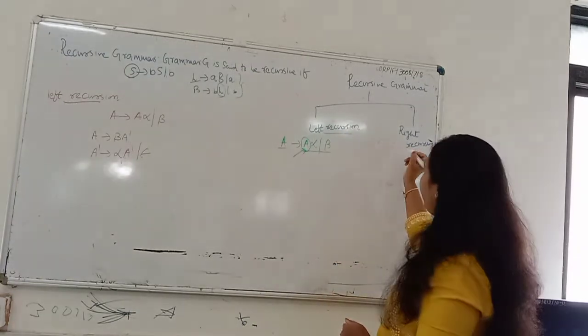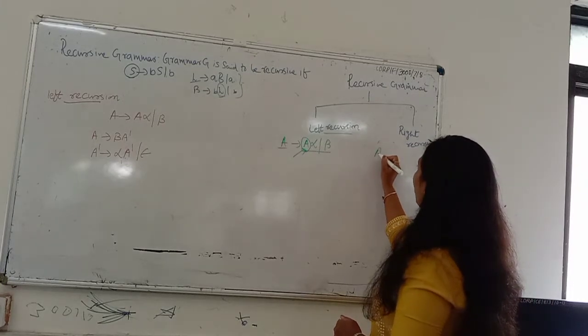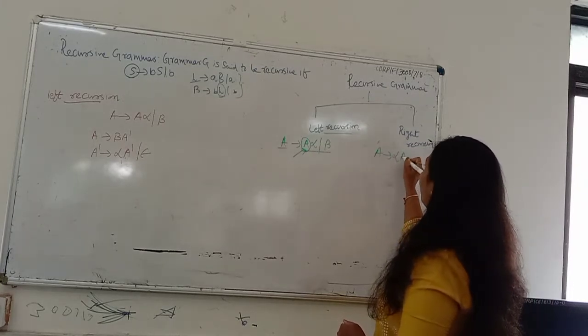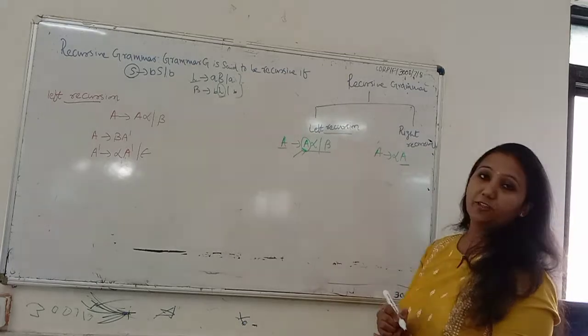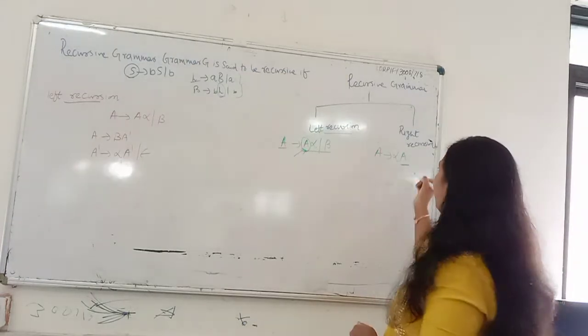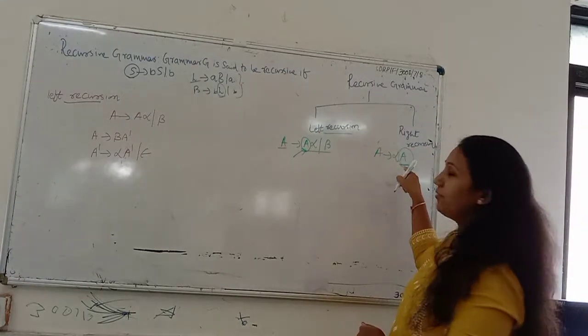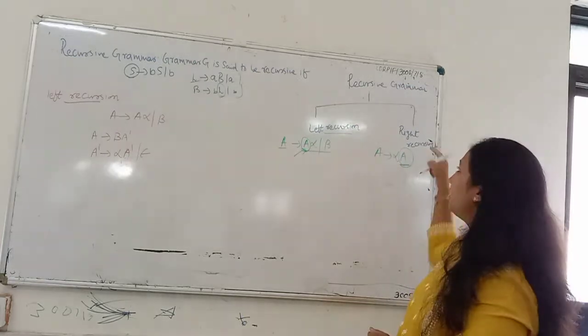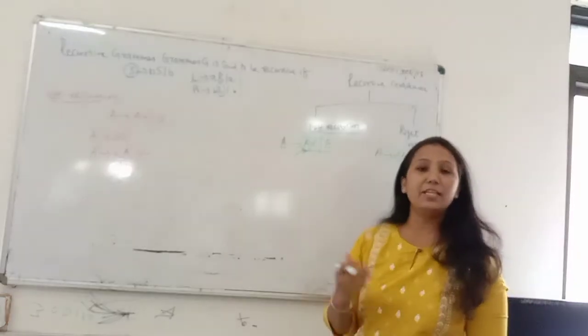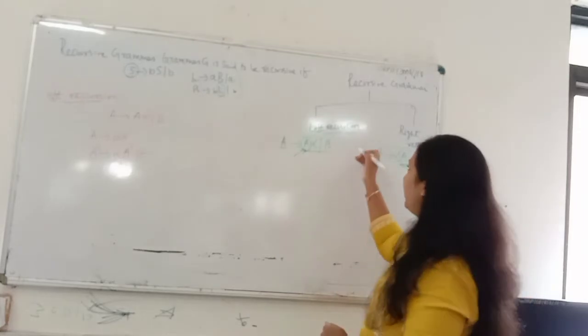If the non-terminal is present at the right end of the right hand side of the production, the recursion generated is called right recursion. Left recursion and right recursion are very different things.